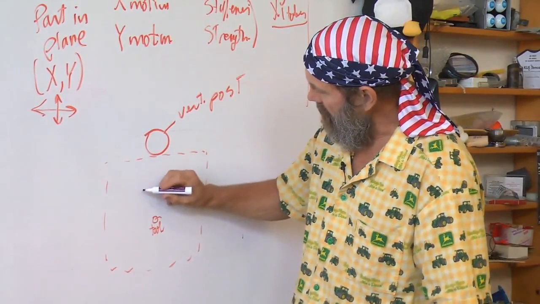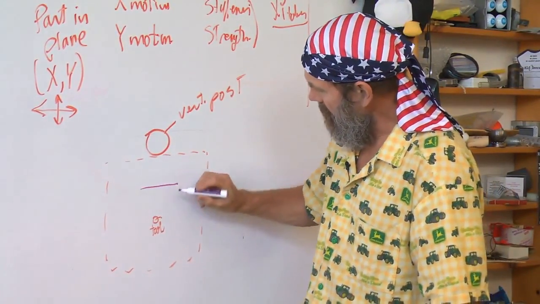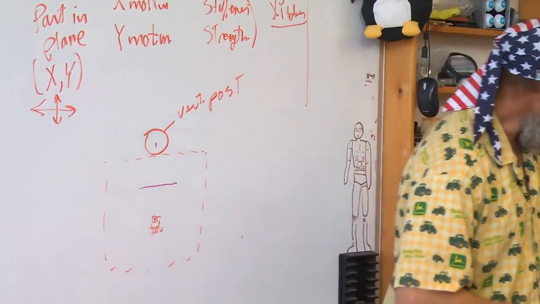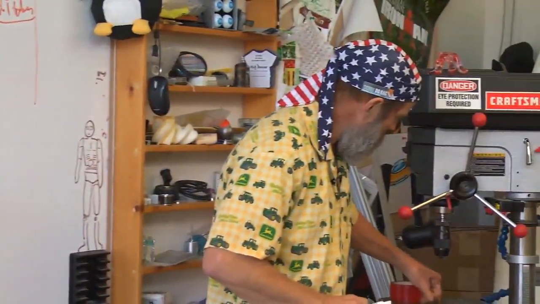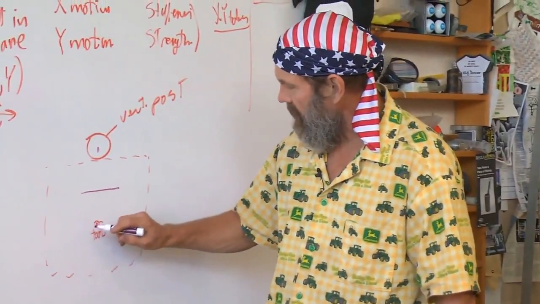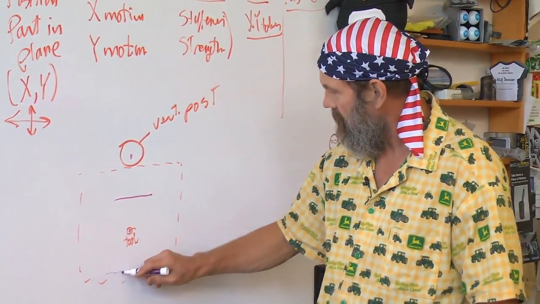If the part is half as big as the distance from the tool, or the center line of the spindle, to the column, then one would expect that this is the part.